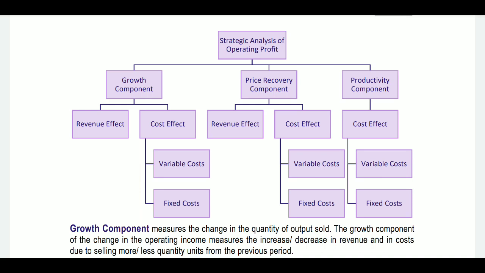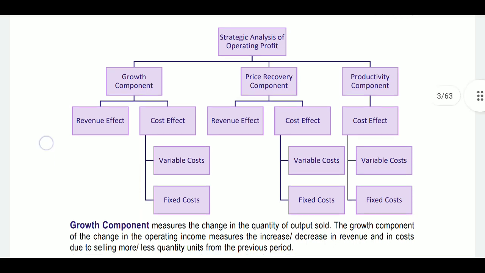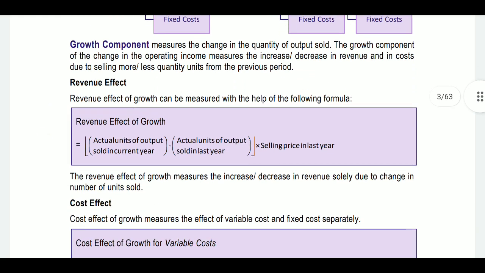It is due to product mix or yield of inputs compared to last year. Growth component, price recovery component, productivity component. For these components we have their own formulas. The growth component is the change in the quantity of output sold, and it changes operating income: there may be an increase or decrease in revenue or cost due to selling more or less quantity.